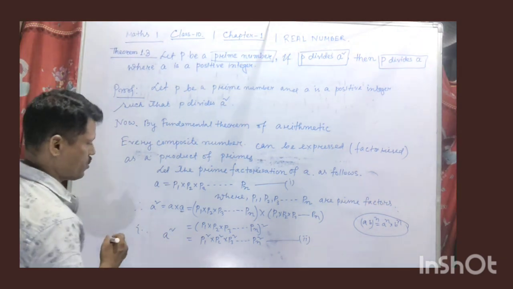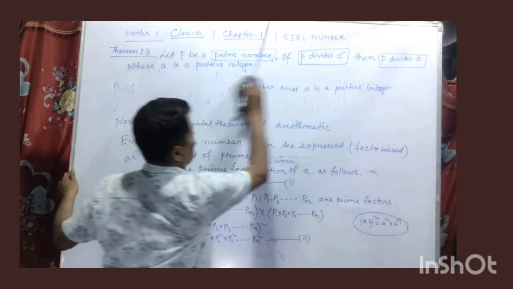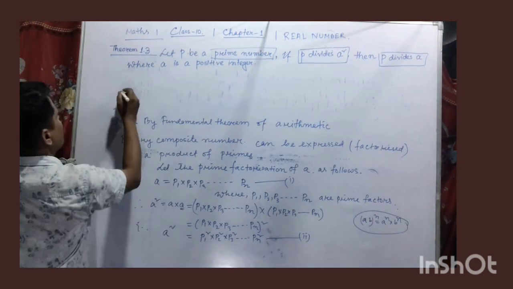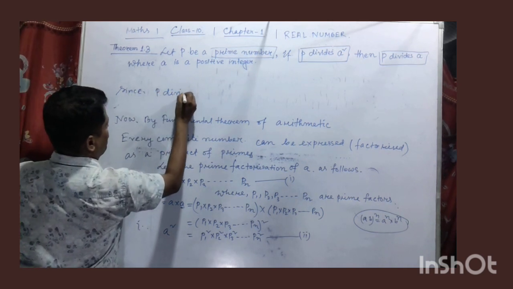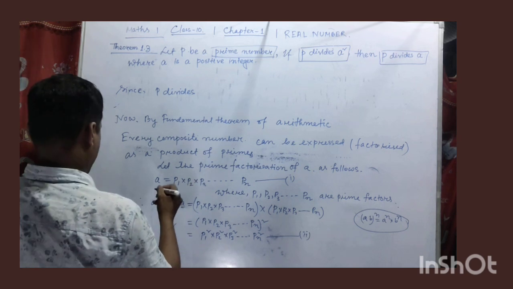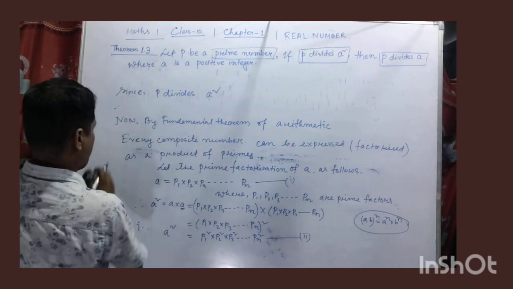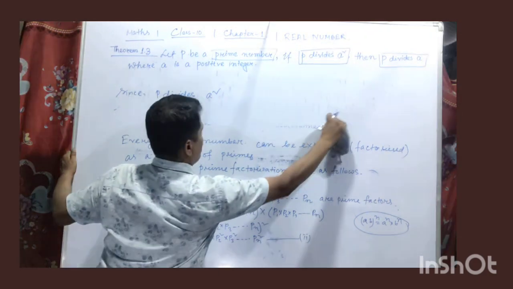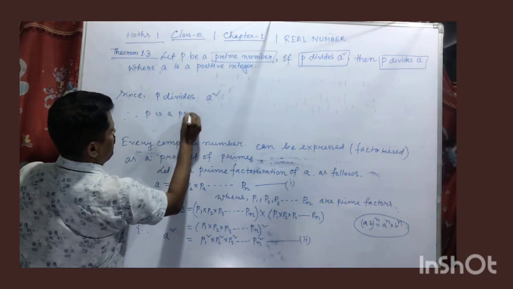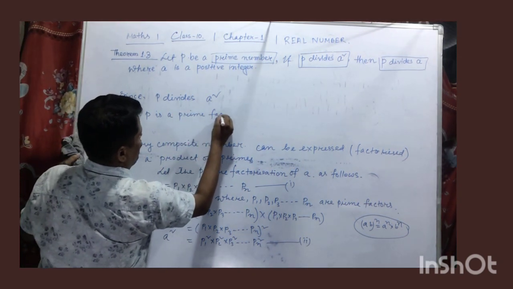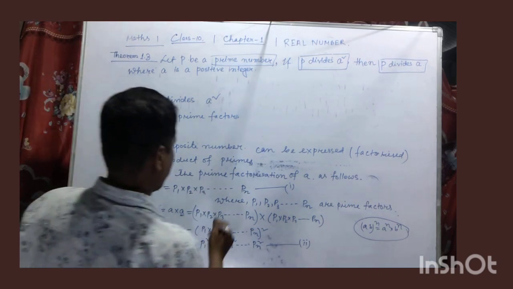Since P divides a square, therefore P is a prime factor of a square.